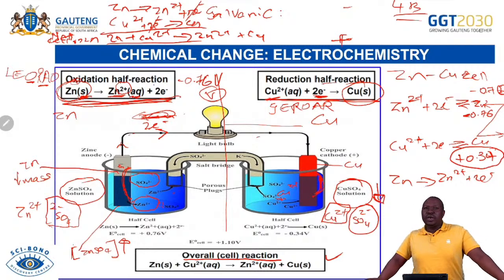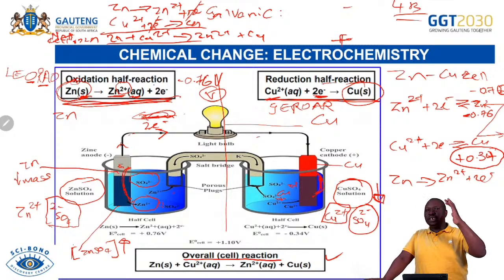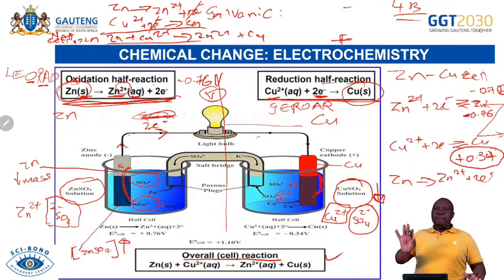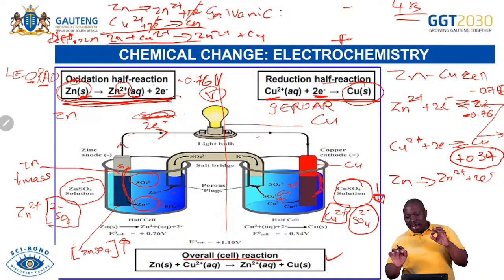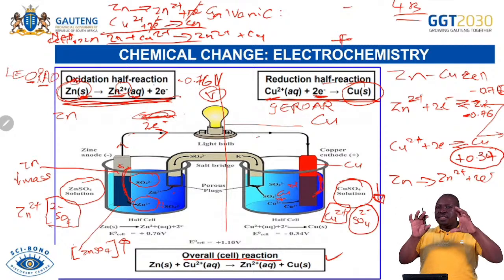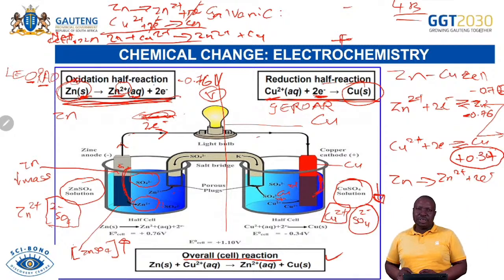That question usually has 3 marks. So you must write the oxidation half reaction, the reduction half reaction, and balance the electrons. When you balance electrons, what is on the left of the 2 reactions, the oxidation and the reduction, you write on the left, and you write 1 arrow. Remember, the only time we write 2 arrows is when we copy them from the table of standard reduction potential.